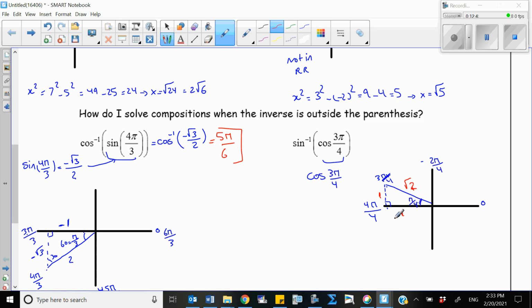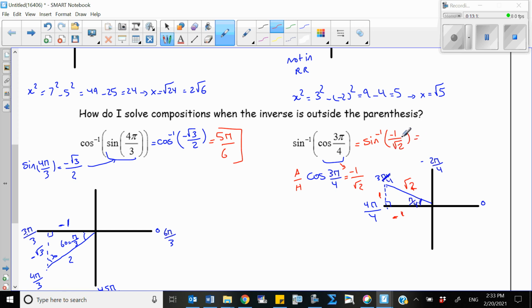This one, because it's on the left side. Okay, so cosine is adjacent over hypotenuse. Adjacent side is -1, and the hypotenuse is root 2. So we found this part. What do we have now? We have sine inverse of -1 over root 2.